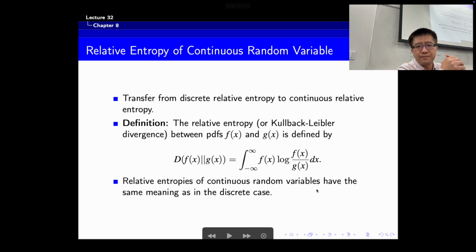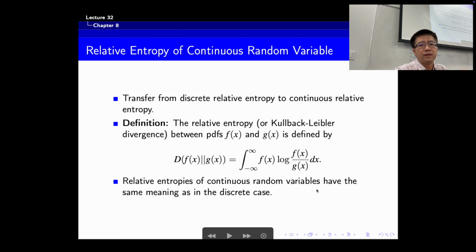And then we talk about how we can derive the relative entropy, right? From the derivation, we can observe that we don't need to change anything for the relative entropy.